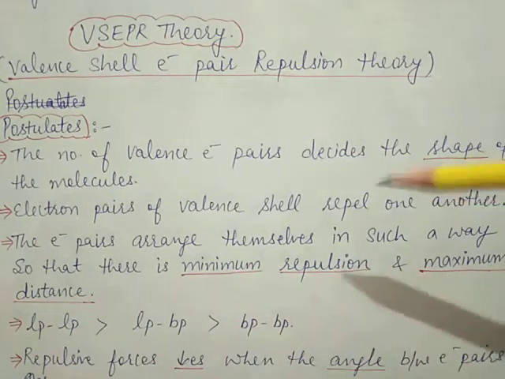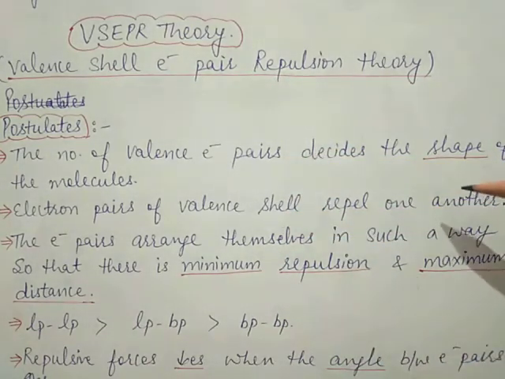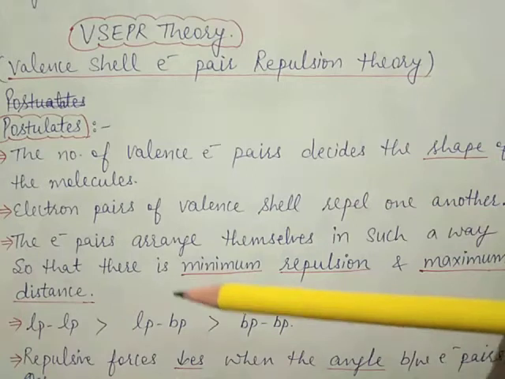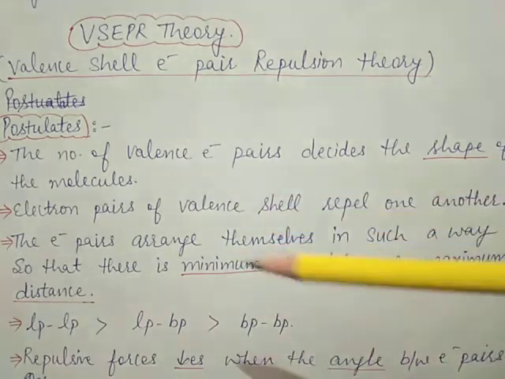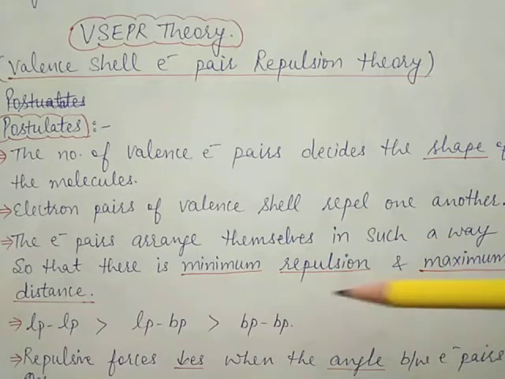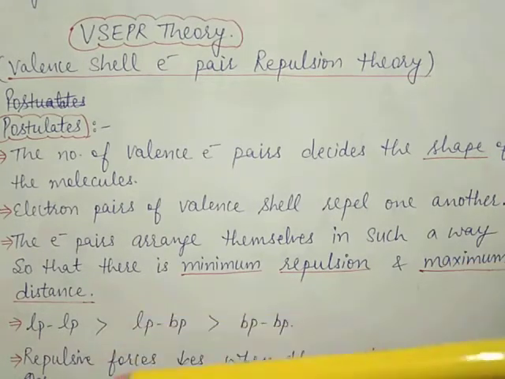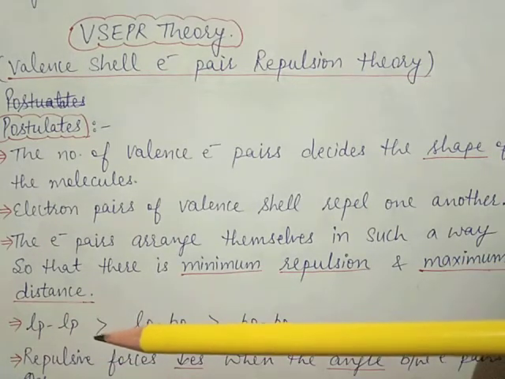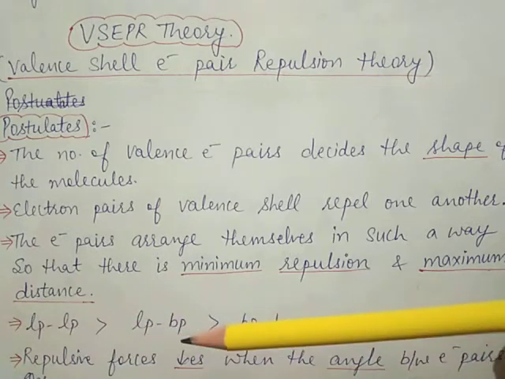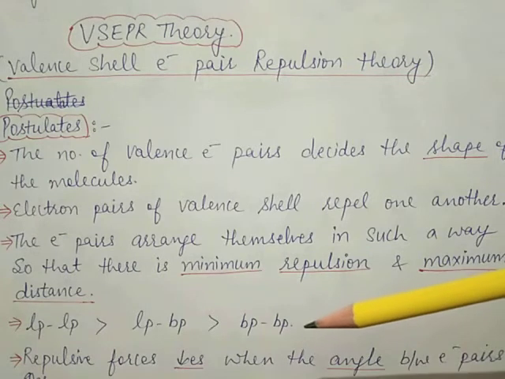Second, the electron pairs of the valence shell repel one another. The electron pairs arrange themselves in such a way that there is minimum repulsion and maximum distance. In this case, lone pair-lone pair repulsion is more than lone pair-bond pair repulsion, which is more than bond pair-bond pair repulsion.